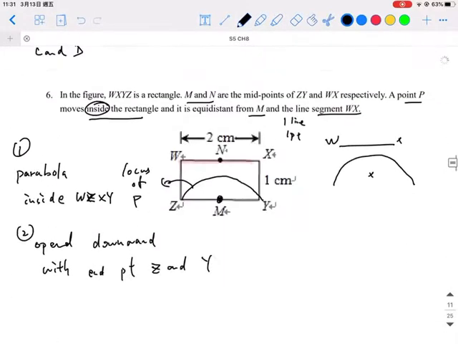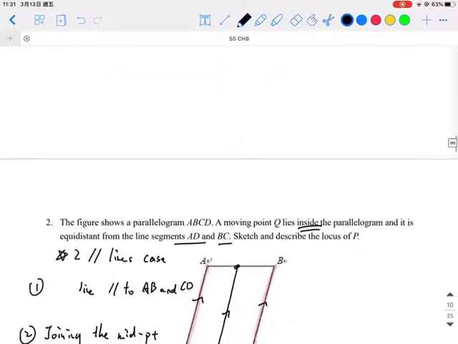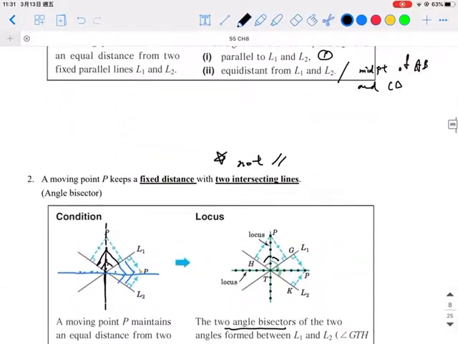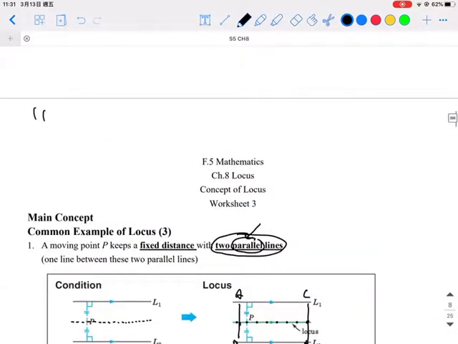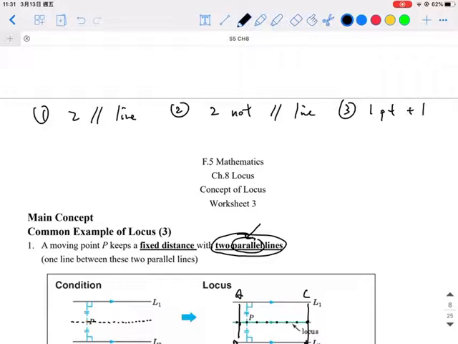So in this worksheet, you need to distinguish three cases. The first case is two parallel lines, the second case is two lines that are not parallel, and the third case is one point plus one line.